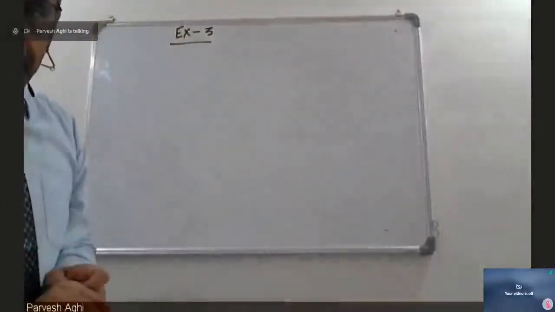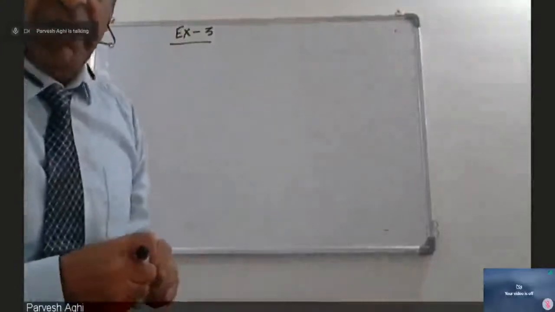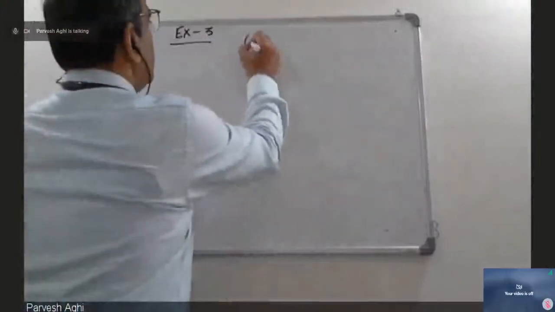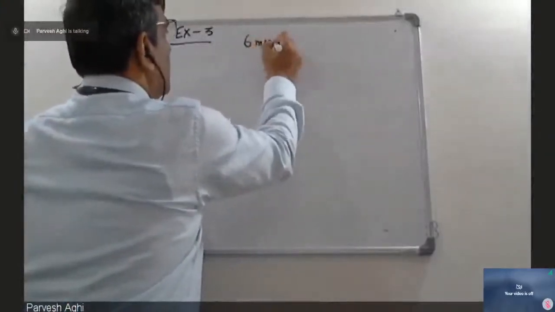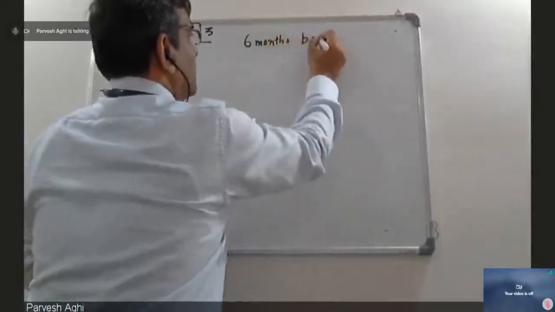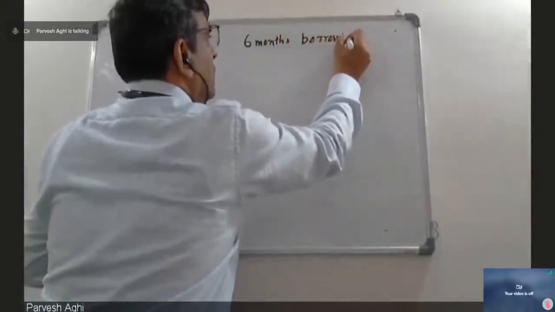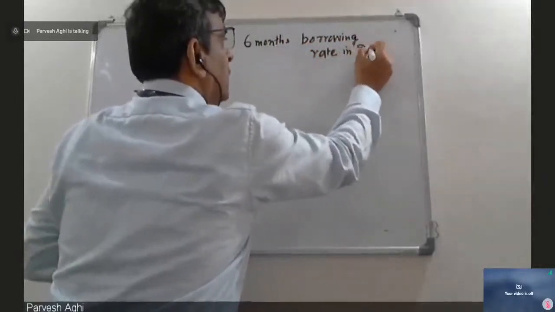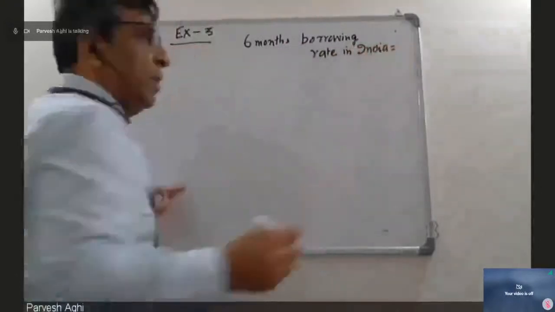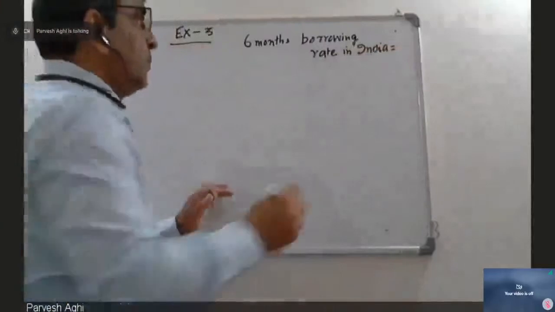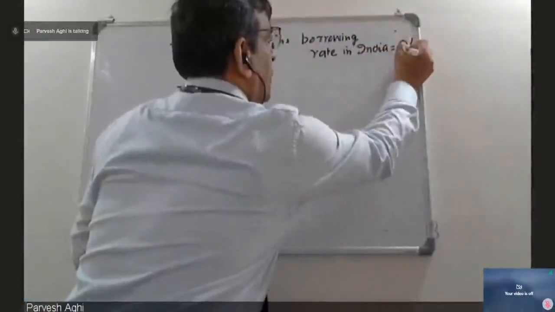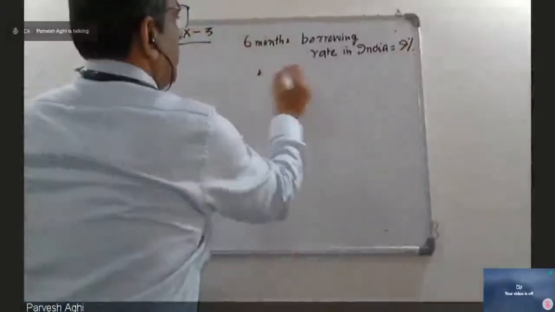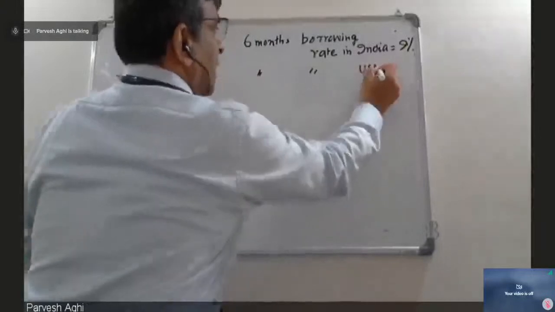Okay. Where the couple of things which are given are borrowing, 6 months borrowing in India. So 6 months borrowing rate is given in India. So in the meantime, I'm just writing some of the facts on the board. Please try to solve and give me your answers. Okay. And the corresponding borrowing rate in USA is how much?